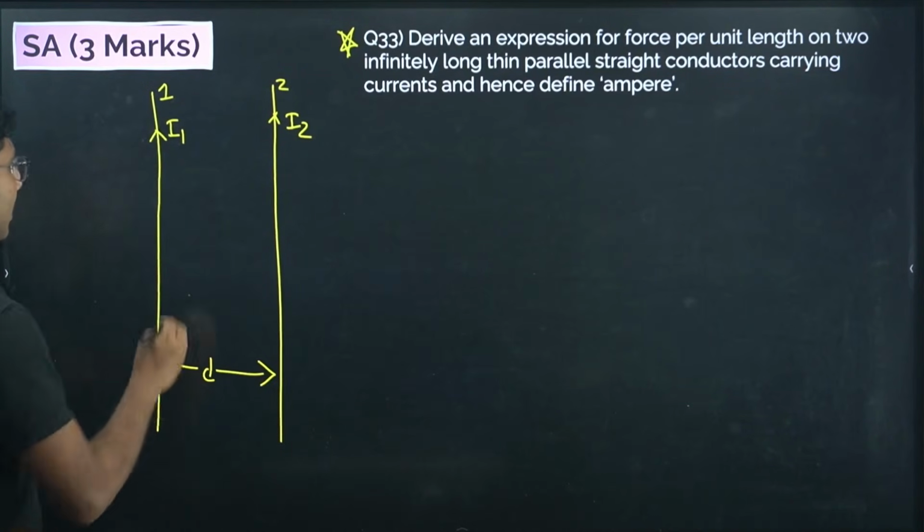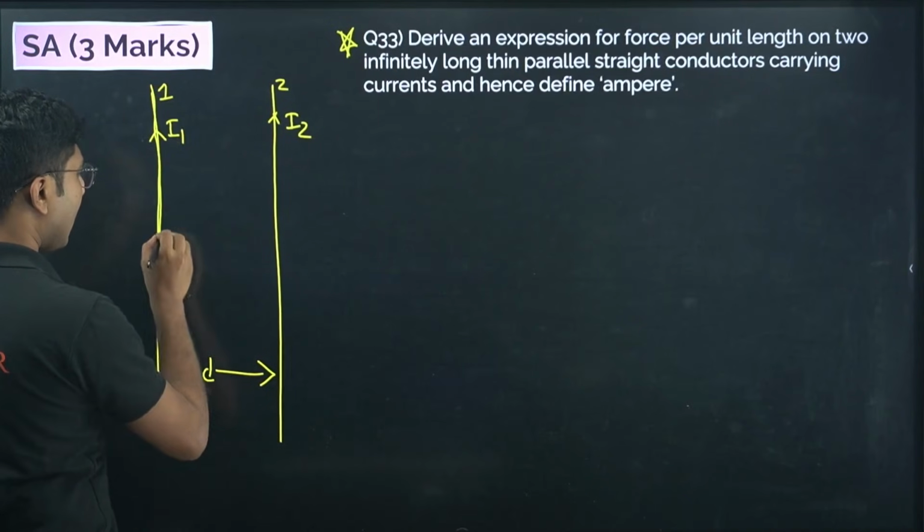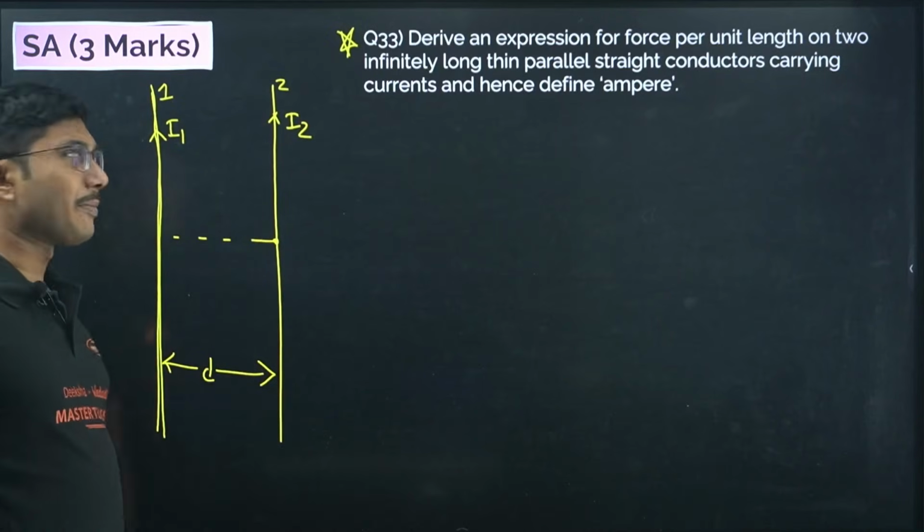So if I want to find the magnetic field due to this infinitely long wire at this point, what will be the magnetic field?